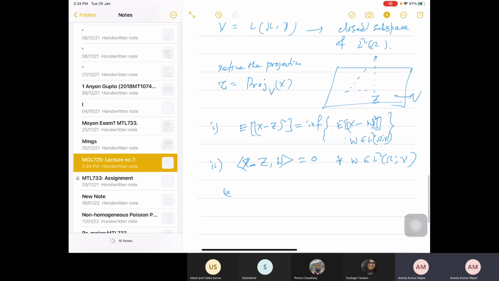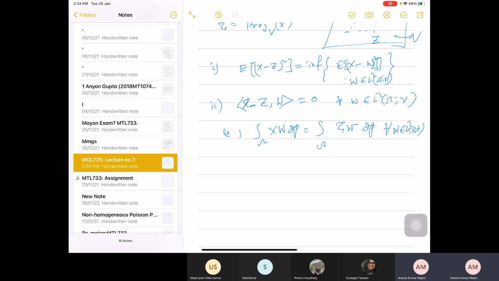So that is the integral over omega of x w dP by definition of my inner product, and you see the linearity is there. So this is nothing but the inner product of x and w minus the inner product of z and w. So this is the same as the integral over omega of z w dP for all w belonging to my L2 omega, F, nu. Is it not?